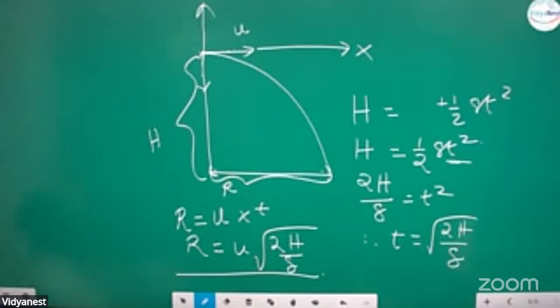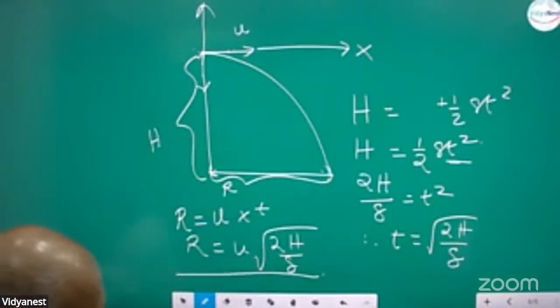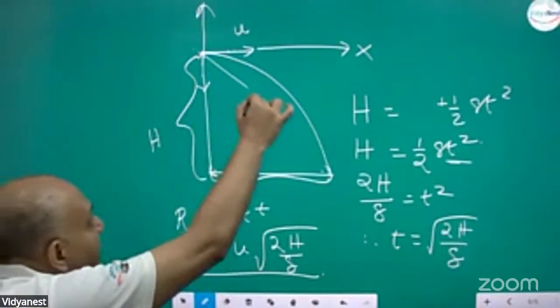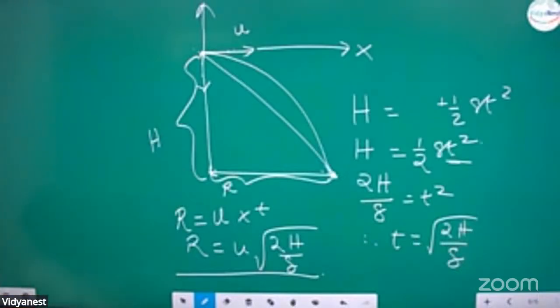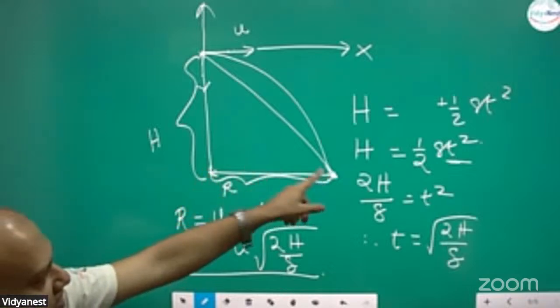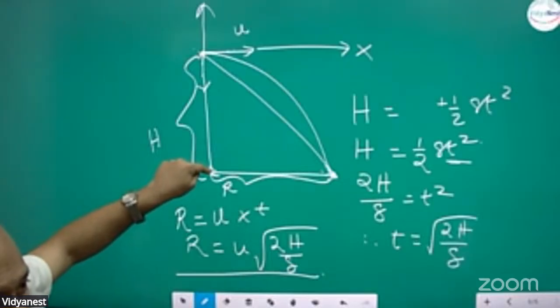Can you tell me, Saurabh, what is the displacement of the particle? It started from here and strikes here. If I join the initial point and the final point, that will be the displacement. So how can I find this displacement? We got the horizontal range and the vertical height.